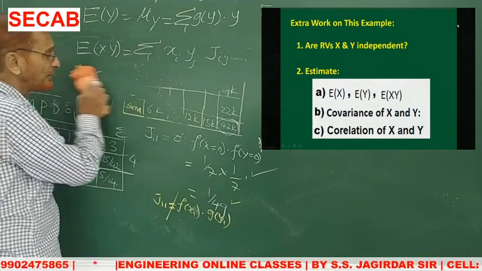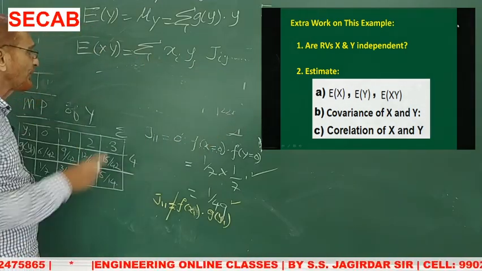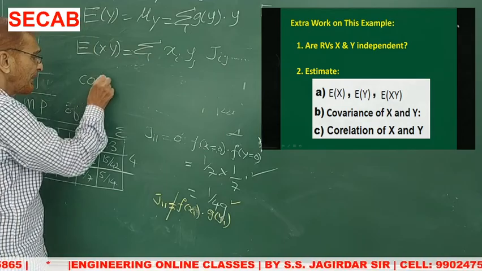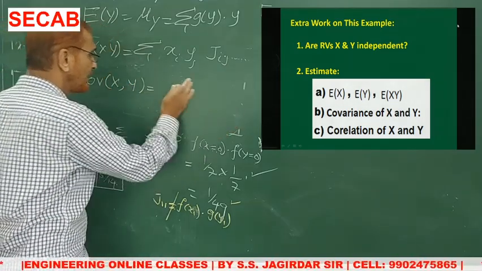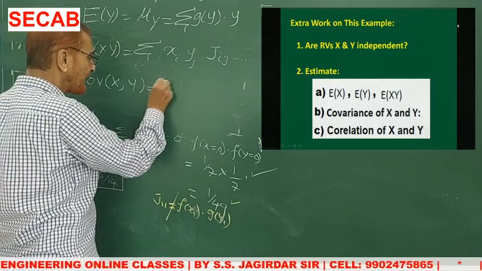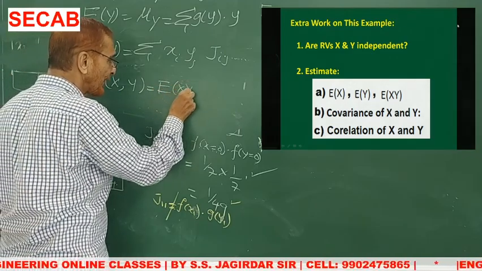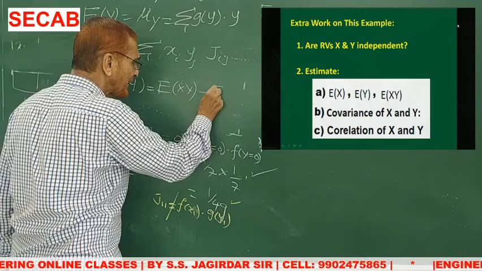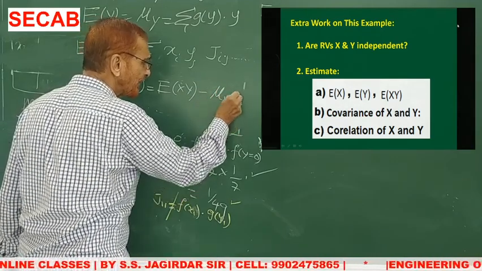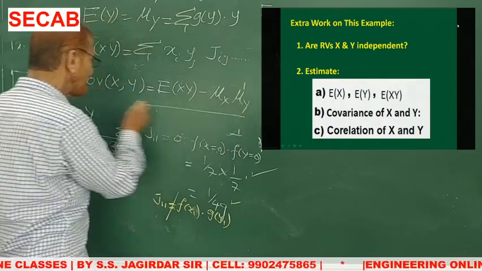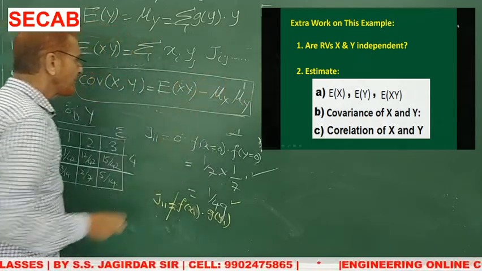When you get all these three values, then covariance of x comma y is equal to expectation of xy, that already you have calculated, minus expectation of x and expectation of y. So you can calculate the covariance.